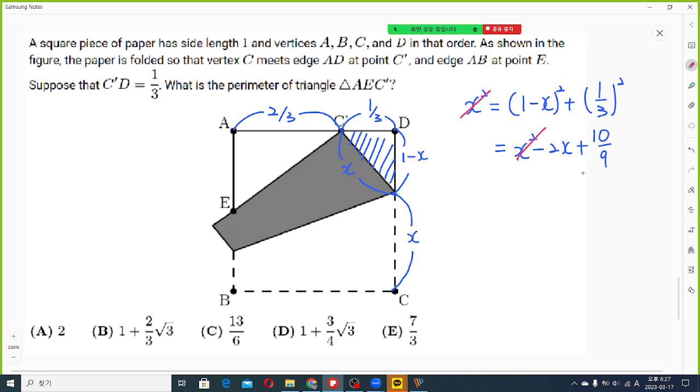So what's the value of x? Minus 2x, 2x equals... x equals 5, 1, right? Yep.